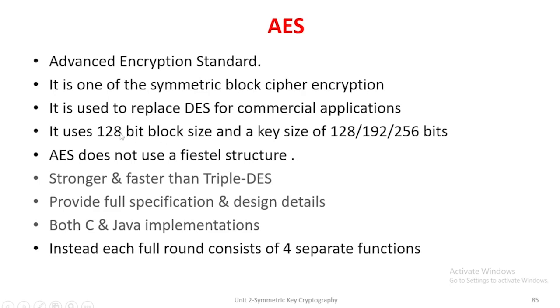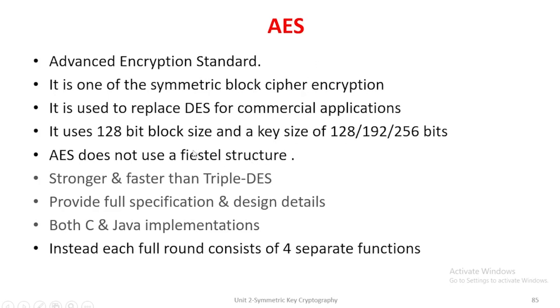If we take 128 bits of plain text, then the key size may be varied. We can take either a 128 bit key, a 192 bit key, or a 256 bit key. So according to the size of the key, the number of rounds is also varied in the AES algorithm.